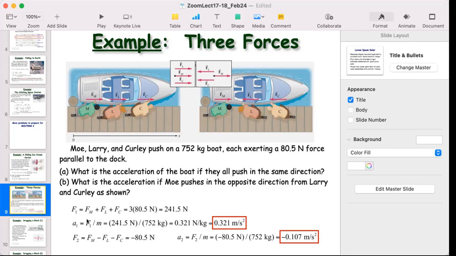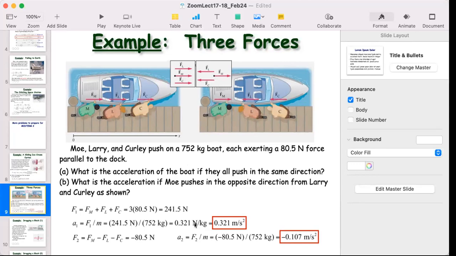So the acceleration is force divided by the mass. Force is equal to 241.5 Newtons. Mass is 752 kilograms of the boat. So like this, I can find the acceleration, which is 0.321 Newton divided by kilogram.